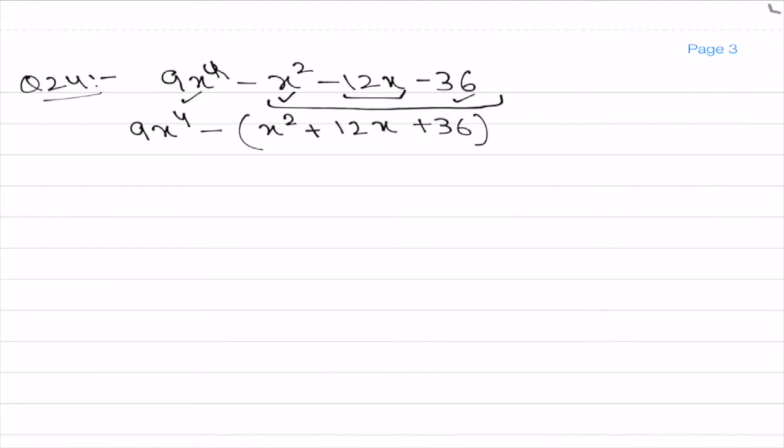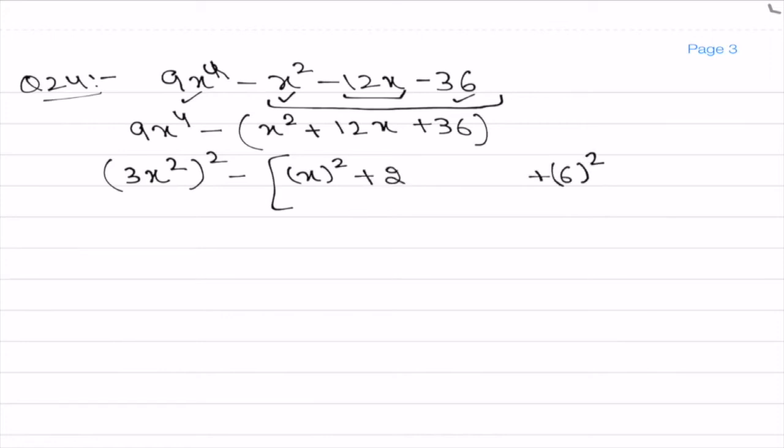So 9x raised to the power 4 is a perfect square of 3x square whole square minus, now see, x square is a perfect square of x, 36 is a perfect square of 6 and 12x, it becomes 2 into x into 6 because 2 into x into 6 will give us 12x.